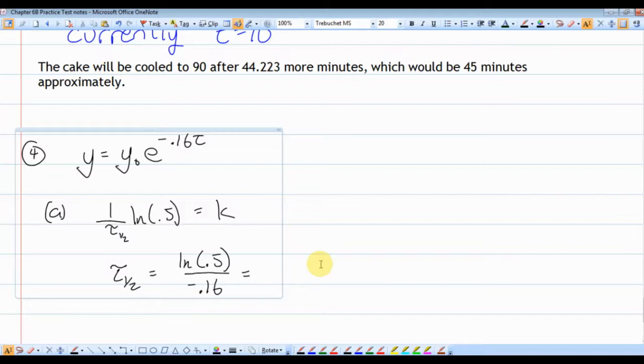I got that from the book. Solve it the long way. Yeah, we'll do the long way as well. That's what we have in our notes.